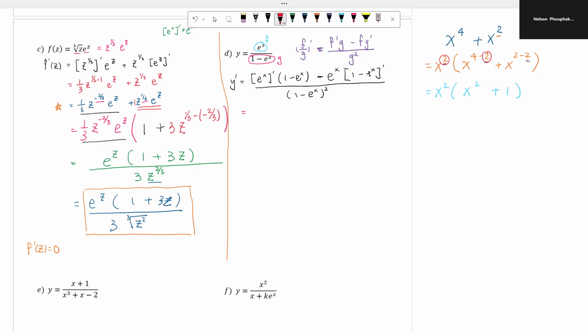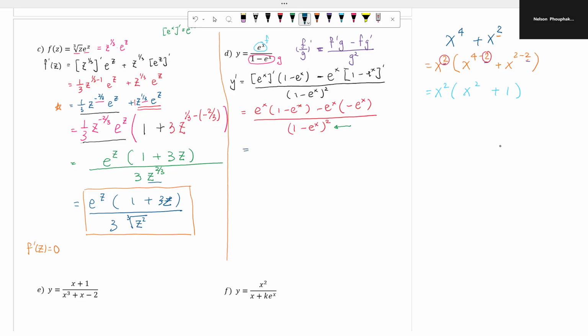Then of course, the derivative of e to the x is just e to the x. The derivative of 1 is 0, so I have minus e to the x. Now you will see that when we work with the quotient rule, most of the time we don't need to expand the denominator, just leave it alone. But we need to simplify the numerator.